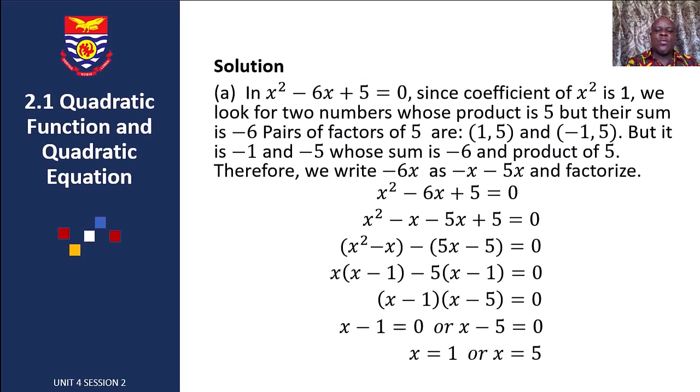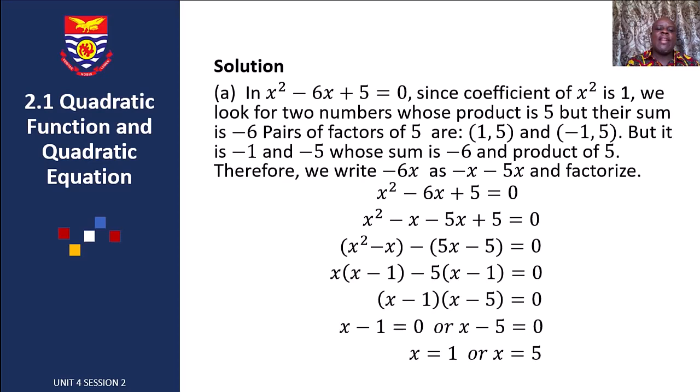Let's find a solution to the questions. Let's consider the first question, where we have x squared minus 6x plus 5 is equal to 0. To solve this, the first thing you do is to look at the coefficient of the quadratic term x squared. In this case, the coefficient is 1.